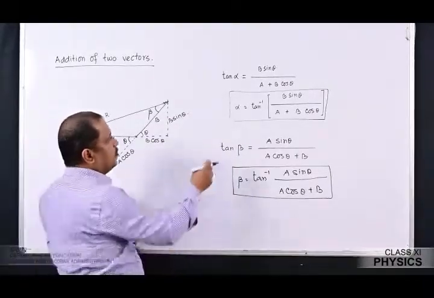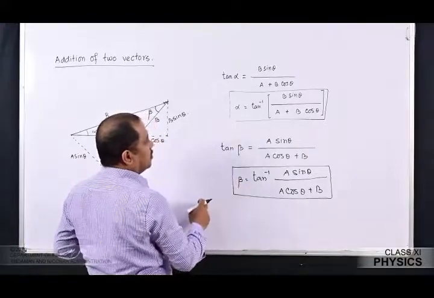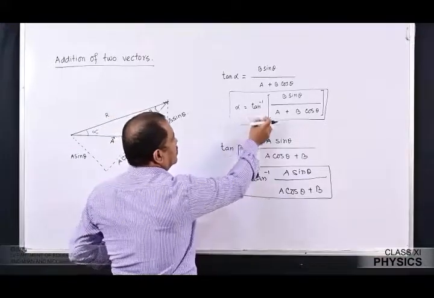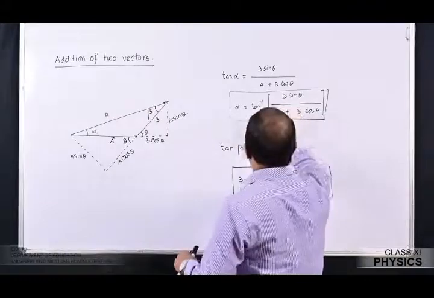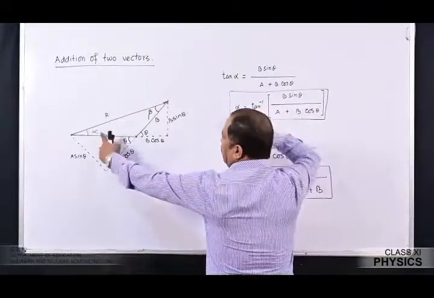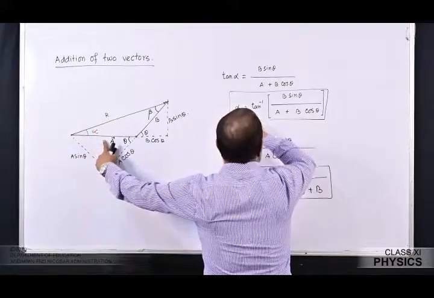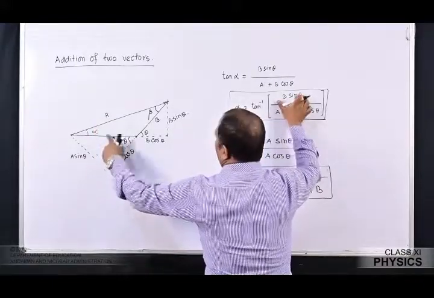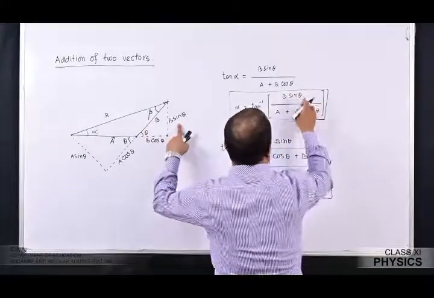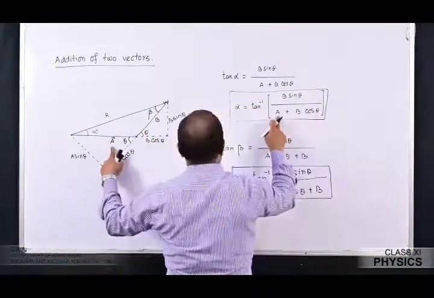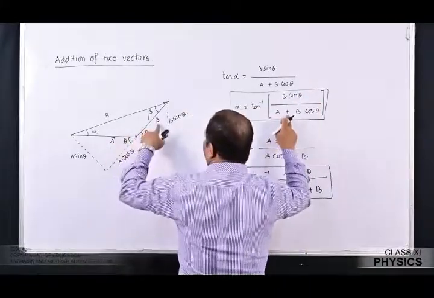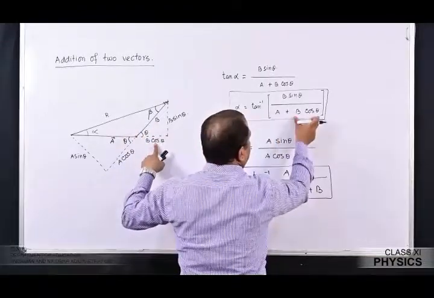Now if I carefully look at these two formulas, alpha is the angle made by the resultant with respect to vector A. In the numerator I see the other vector's sine component over A plus the other vector's cosine component.